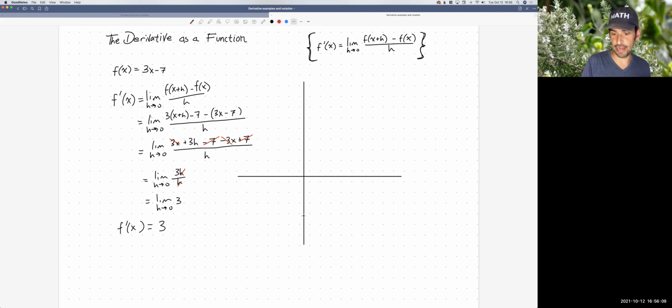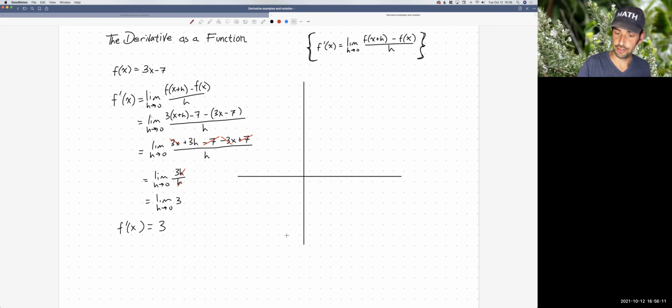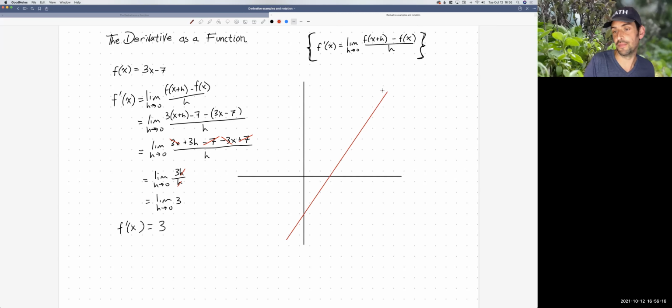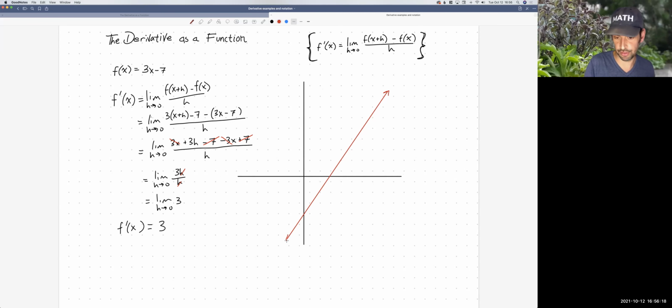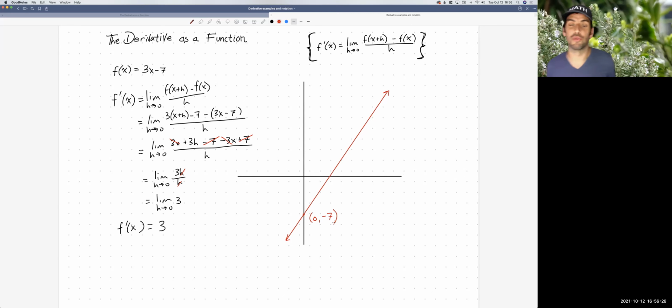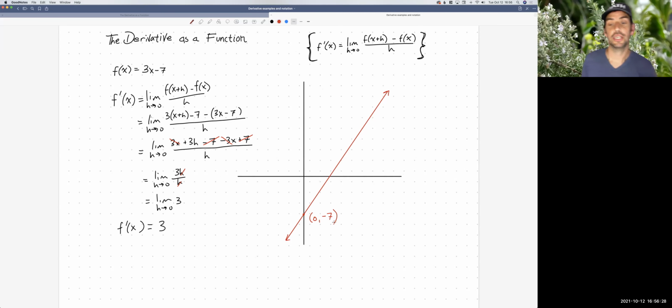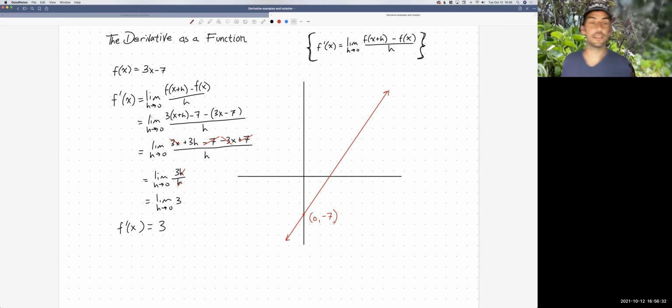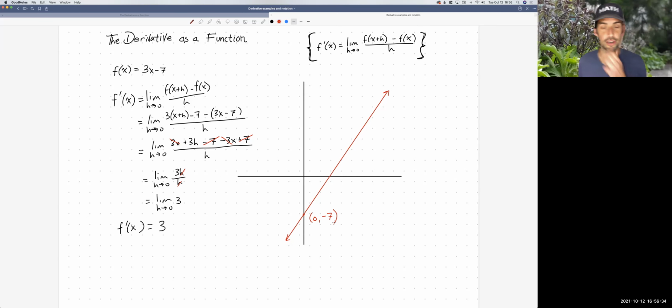So 3x minus 7 is going to look something like this, going through 0, negative 7. I should probably draw it steeper, but it's a little easier to see this way. So just say that the y-axis scale is longer than the actual one is.